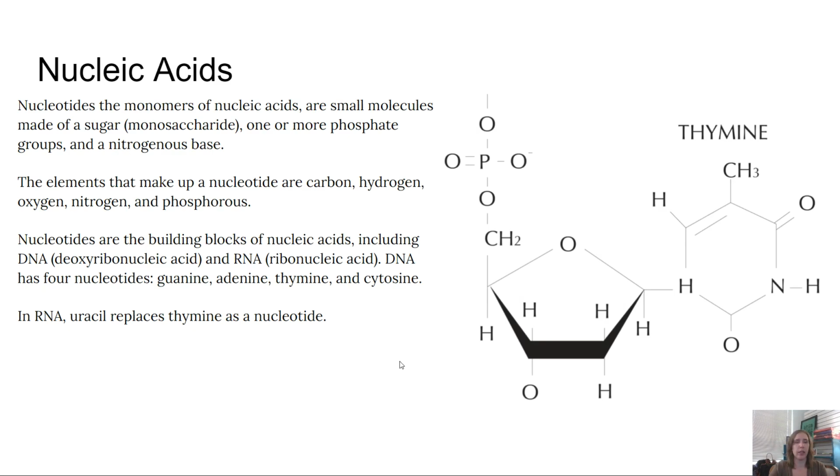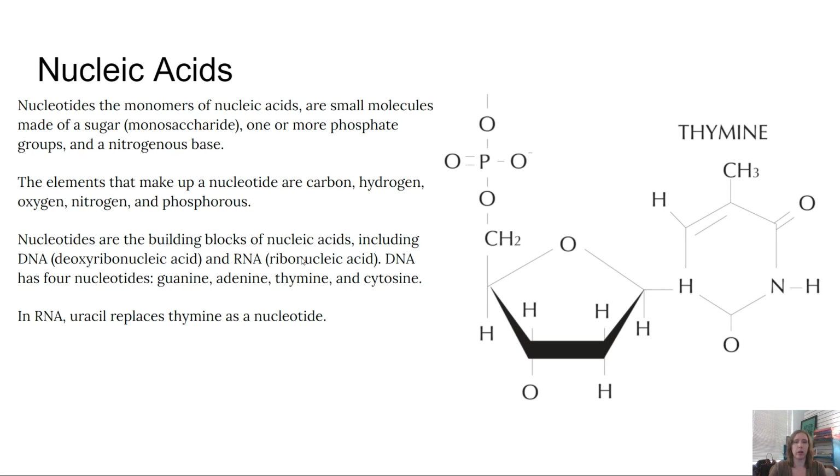Nucleic acids. Nucleotides are the monomers of nucleic acids, and they're small molecules made up of a sugar or a monosaccharide, one or more phosphate groups, and a nitrogenous base. The elements that make up a nucleotide are carbon, hydrogen, oxygen, nitrogen, and phosphorus.